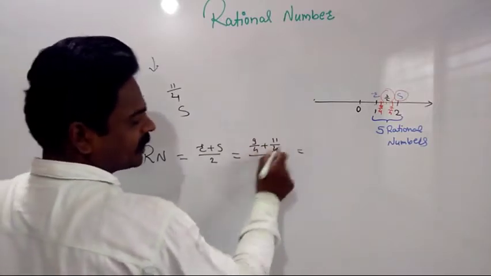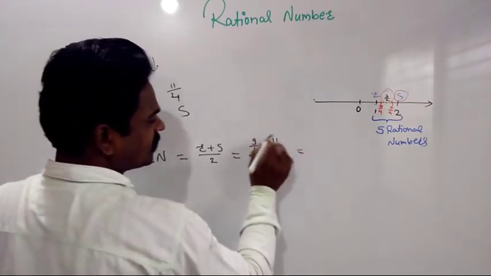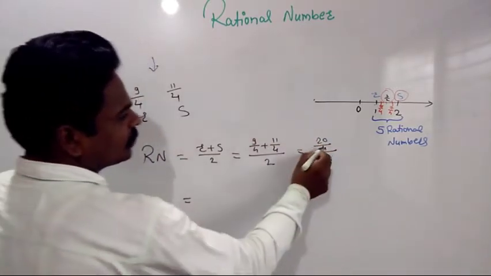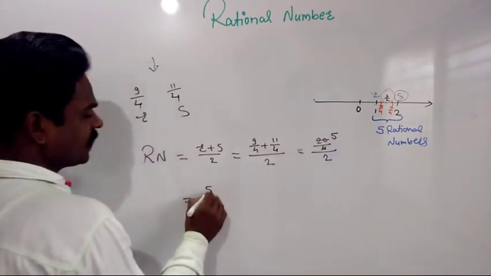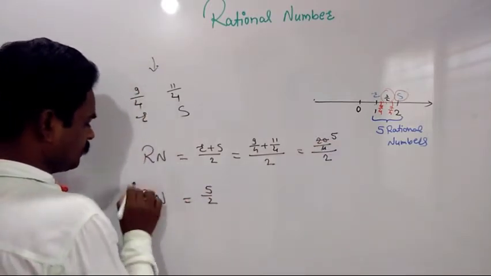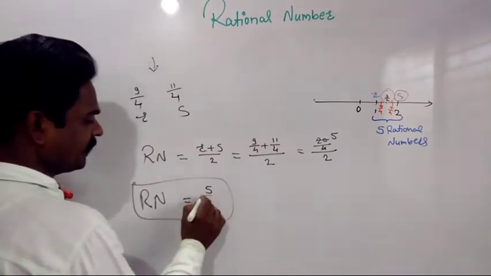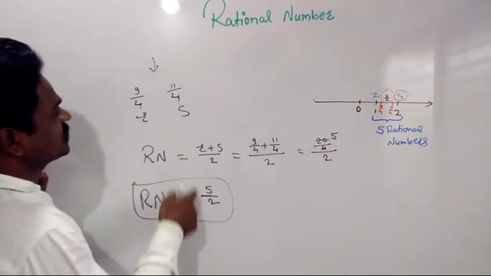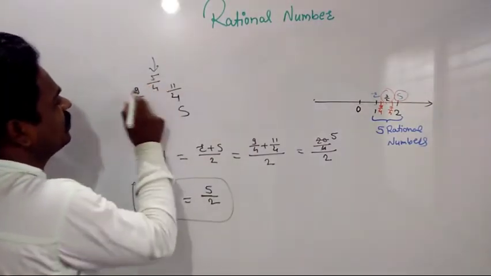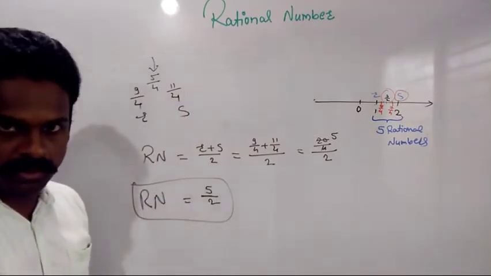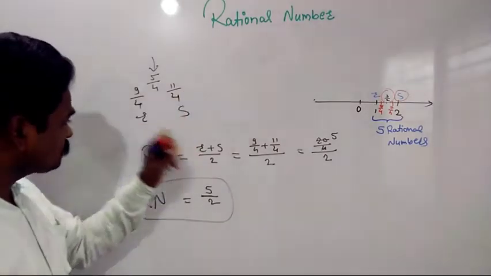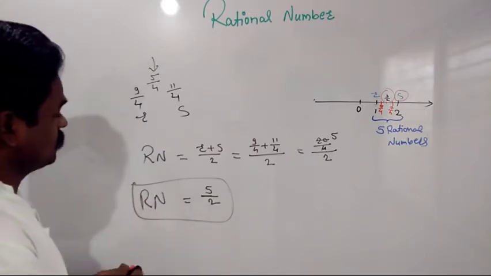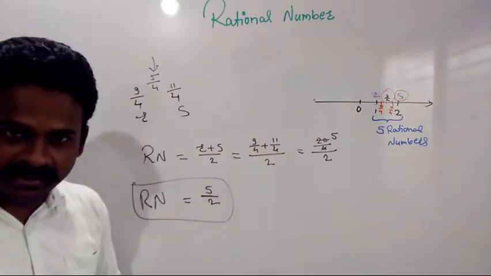The denominator is the same, so we can add numerators. 11 plus 9 is 20, 20 upon 4 divided by 2. So it is equal to 5 by 2, since 4 5s are 20. So 5 by 2 is the rational number which lies in between 9 by 4 and 11 by 4. Getting it? This is the regular method to find the rational number in between two given numbers.